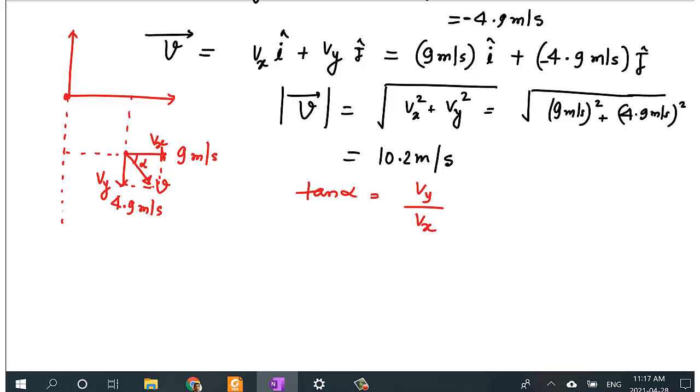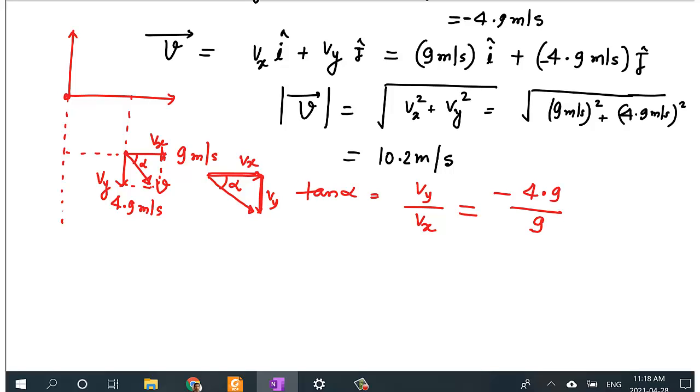So if you see this triangle, this is Vx, and this is Vy, and then this is your resultant velocity, and this angle is alpha. So tan alpha is this divided by this, that is Vy divided by Vx. So this is minus 4.9 divided by 9.